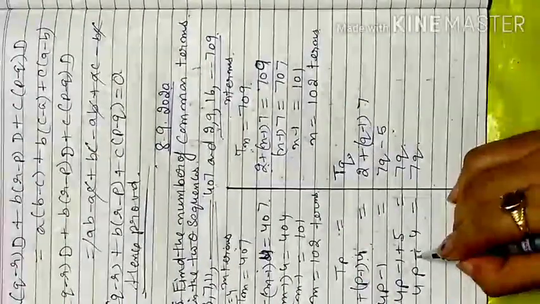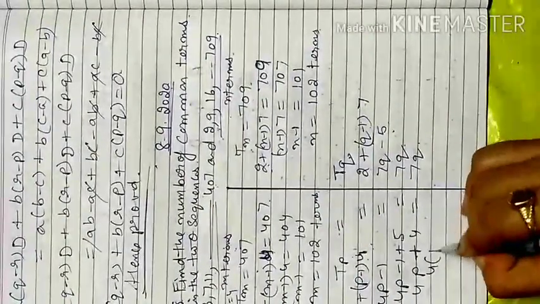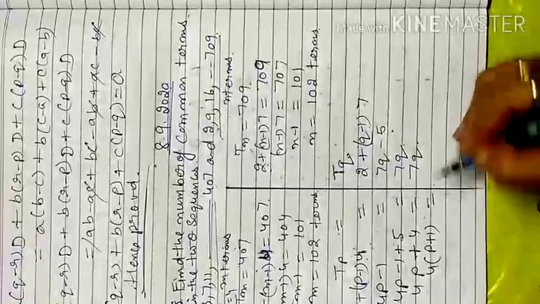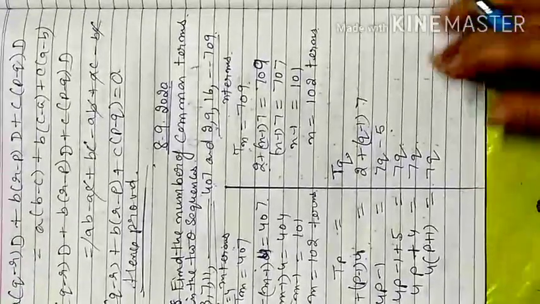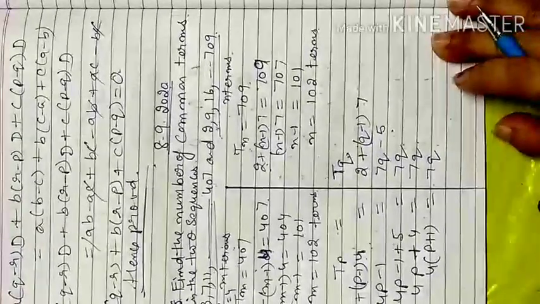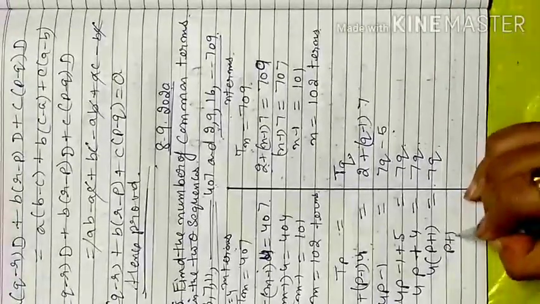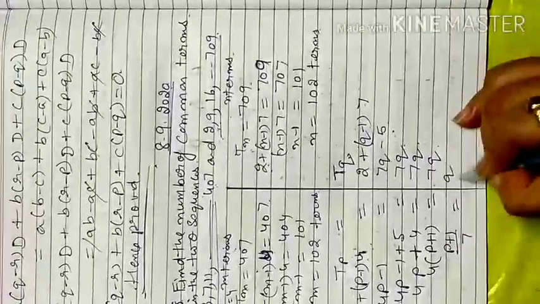Here when you take 4 common, that gives you 4 times (p plus 1) is equal to 7q. Now we cross multiply to make the equation: (p plus 1) by 7 is equal to q by 4.